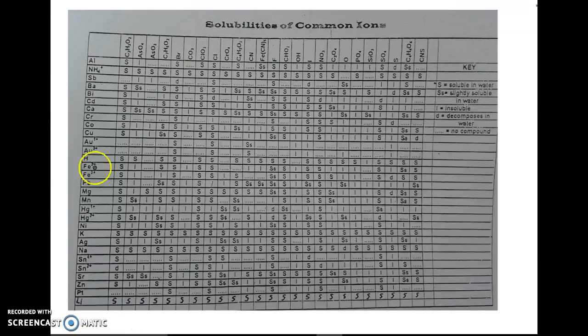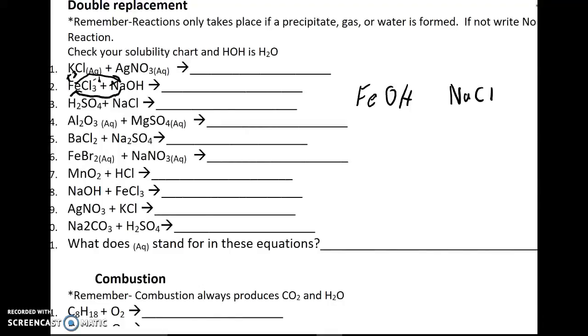So I'm going to check out Fe +3, and then I'll just draw that across here. And then hydroxide, which is right here. And where they meet, there is an I. I means that it is insoluble. That means it does not dissolve in water. So I know that I have a precipitate forming in this reaction.